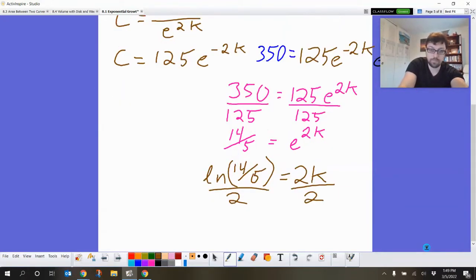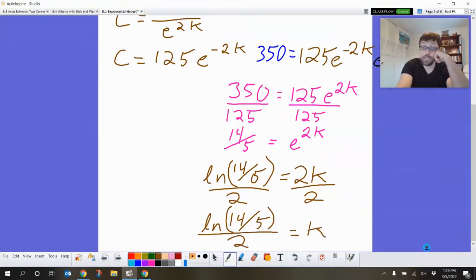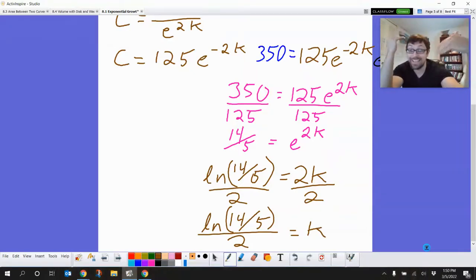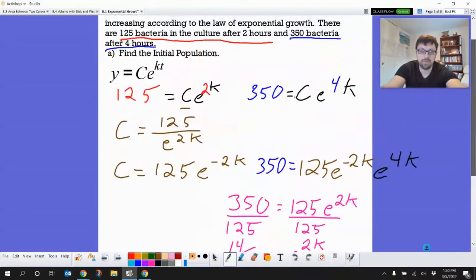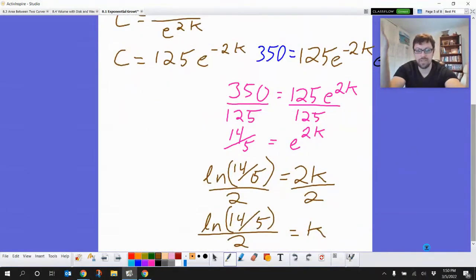So we get the ln of 14 fifths over 2 equals our k value. Which is nice, but unfortunately, K is not C, and C is our initial population, initial condition. But we are at least a little bit closer.